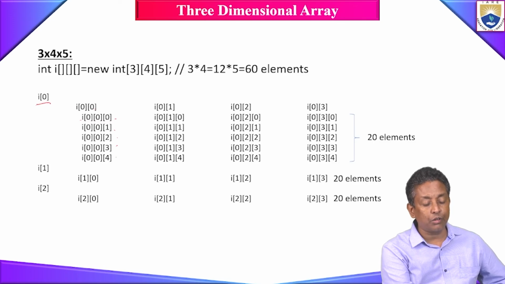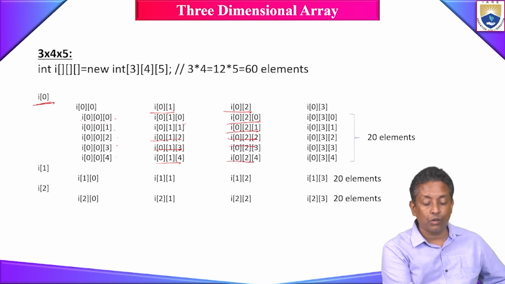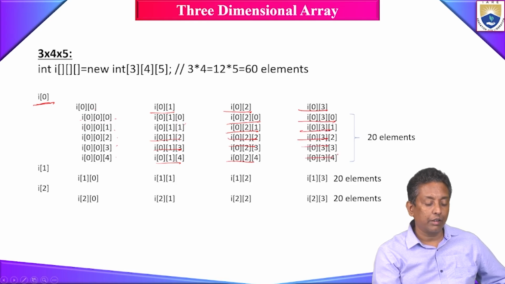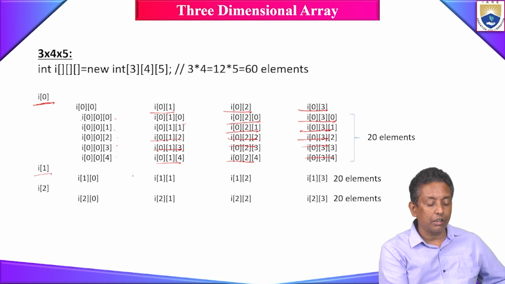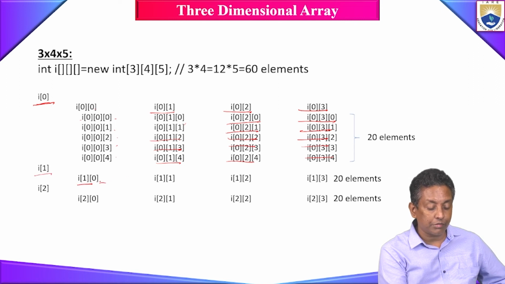Again, in the zeroth row I have the 1st column, with 0, 1, 2, 3, 4. In the second column, I have 0, 1, 2, 3, 4. Again, the zeroth row, third column, 0, 1, 2, 3, 4 elements we are having. Similarly, I have 1 of 0.